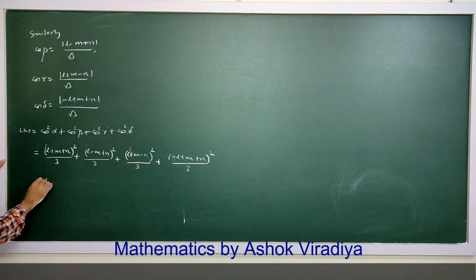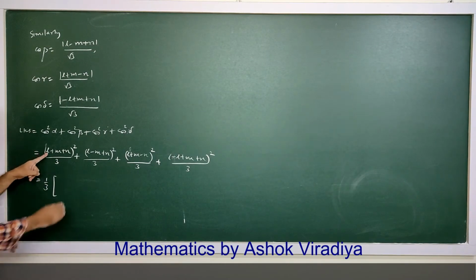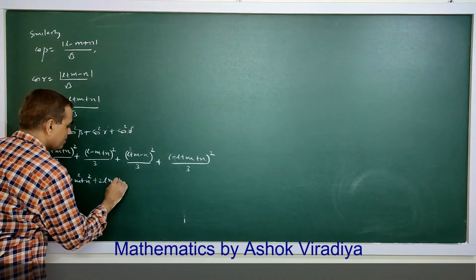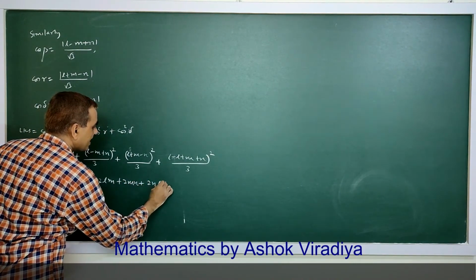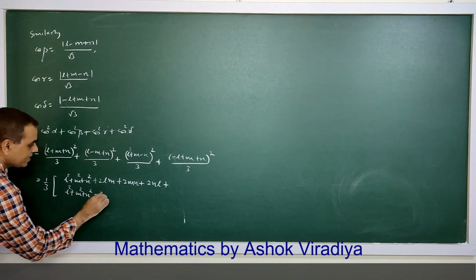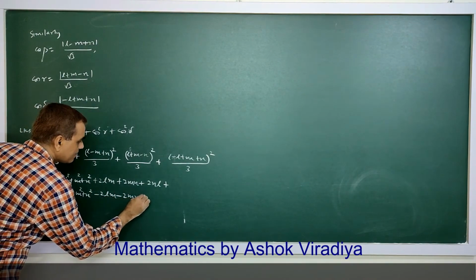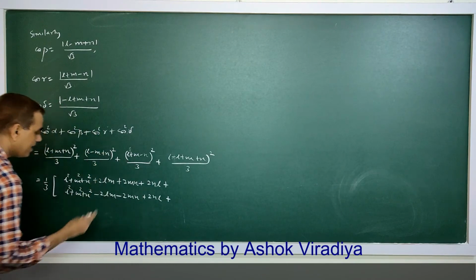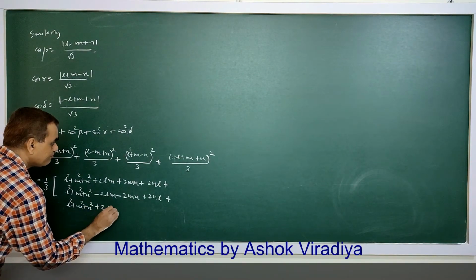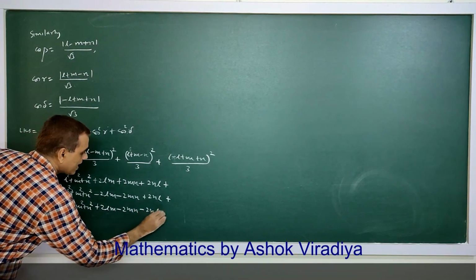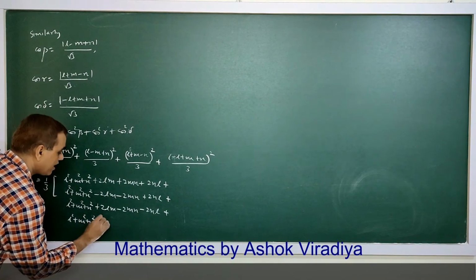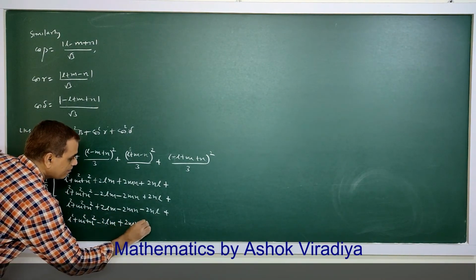Now simplifying this, 1 by 3 common. Now expanding this, L square plus M square plus N square plus 2LM plus 2MN plus 2NL, plus this value is L square plus M square plus N square minus 2LM minus 2MN plus 2NL, plus expanding this, L square plus M square plus N square plus 2LM minus 2MN minus 2NL, plus this number, L square plus M square plus N square minus 2LM plus 2MN minus 2LN.